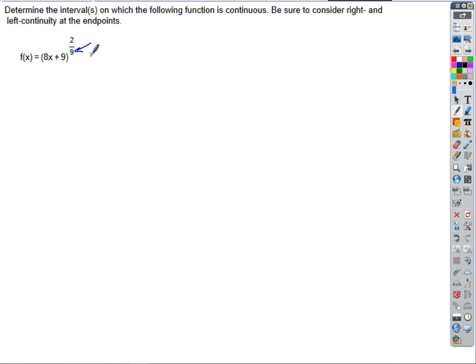This is the same thing as saying this is equal to 8x plus 9. You could say it two ways. It's either the ninth root of that squared, or it's equal to the ninth root of 8x plus 9 squared, right? Either way, it's a ninth root, isn't it? Yes, sir.